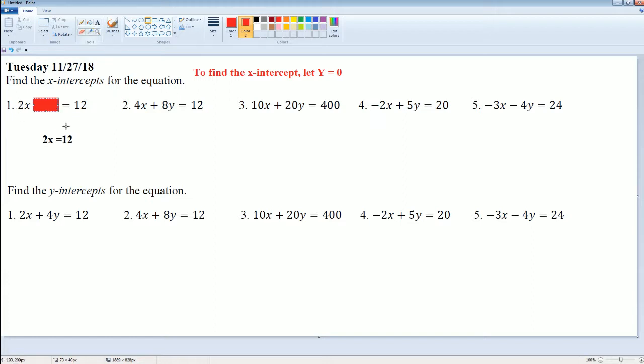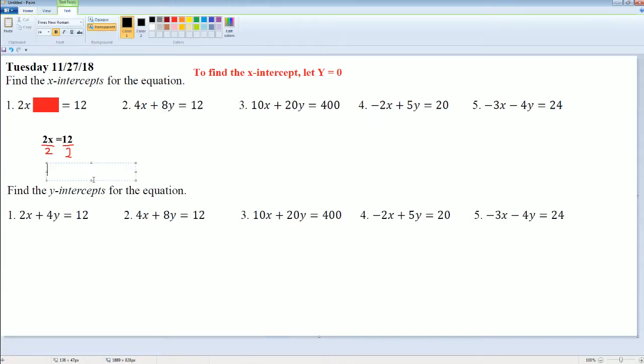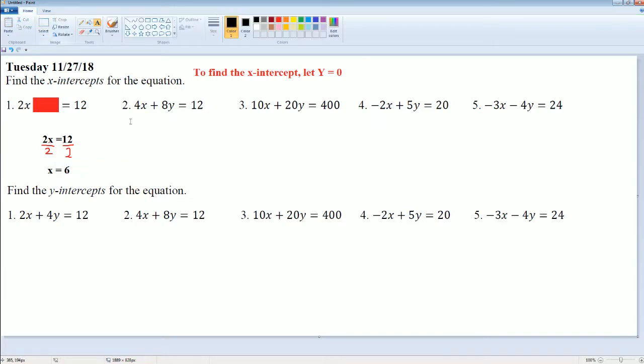How do you solve that? So you're going to divide 2 to both sides. In the process, you now have x is equal to 6. There you go.